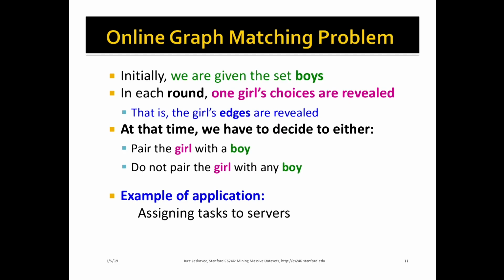So in this case, the online problem of boys and girls matching is that we have initially a set of boys, which is known in advance.